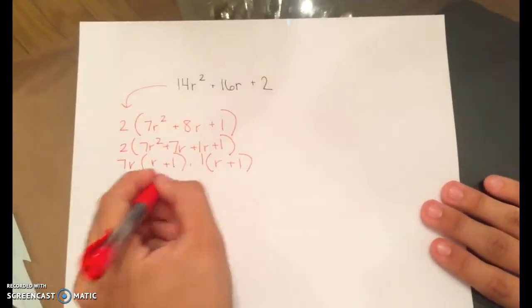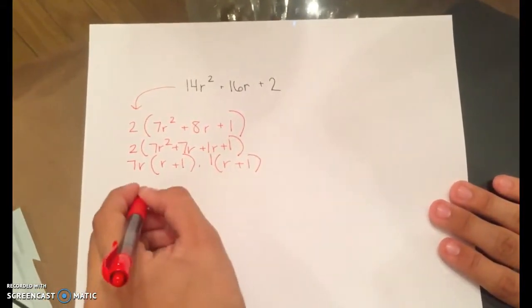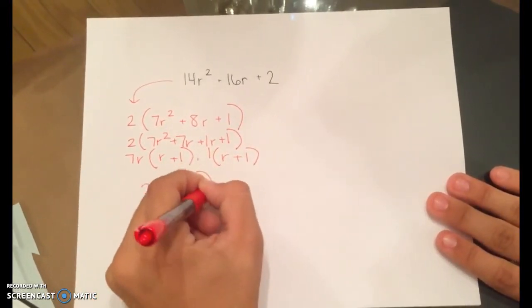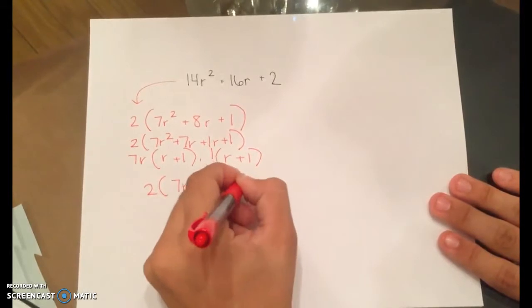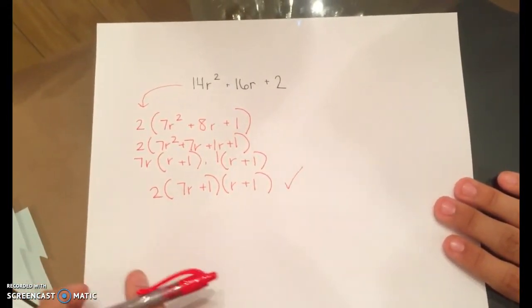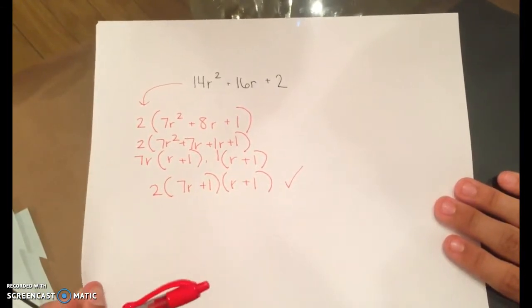And after adding all of your parentheses together, we'll leave you with the 2 on the outside of the parentheses, inside 7r plus 1, r plus 1.